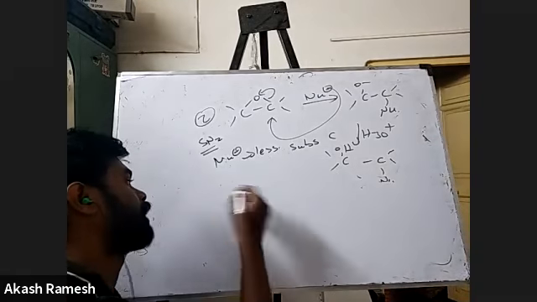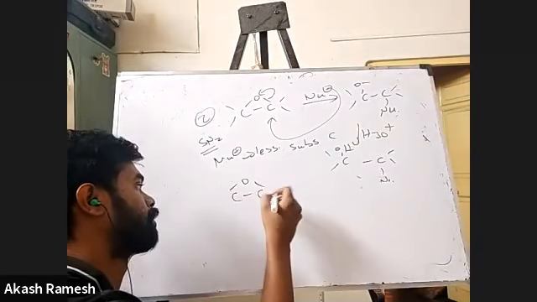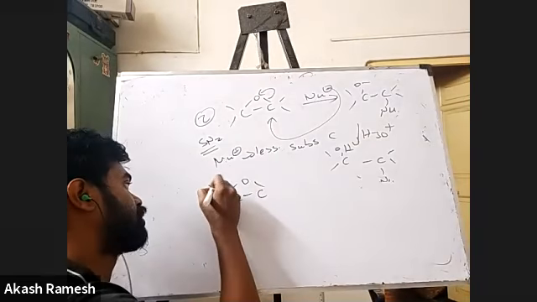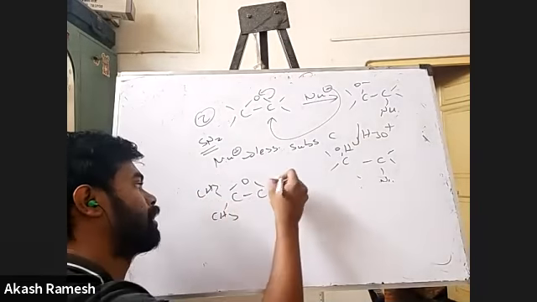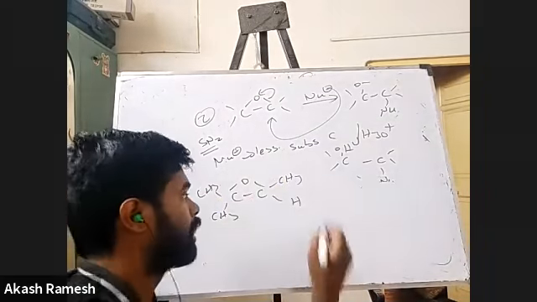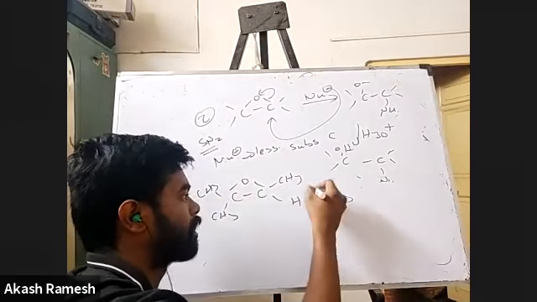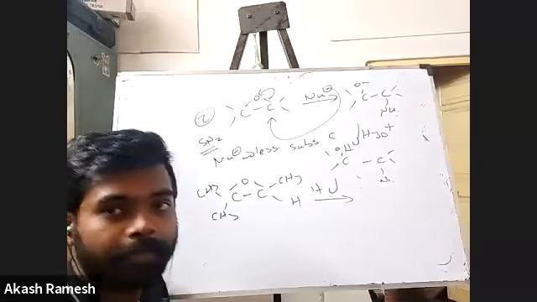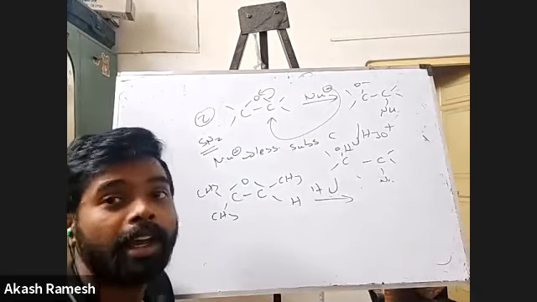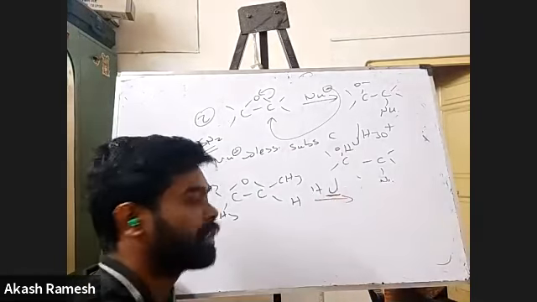Say I had this is CH3, this is CH3, this is CH3, and this is H, assuming. Now, if I put water, water will not be a good example. Say I'll put HCl. Now this is definitely acid catalyzed, so this is going to happen like SN1.